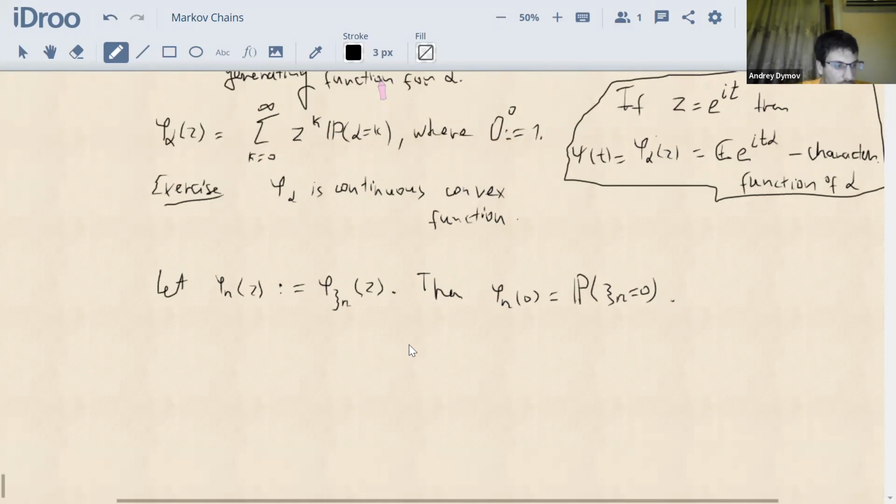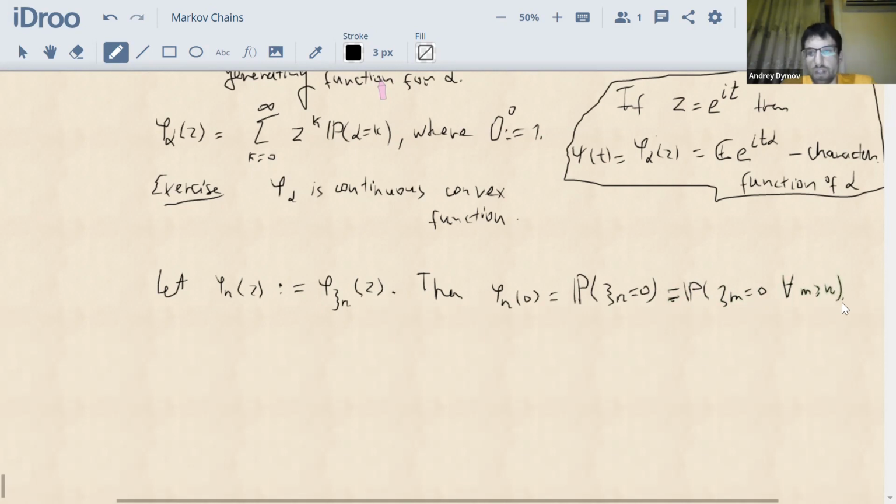Let us consider... okay, let me also note the following thing. I can rewrite this probability as the probability that psi m equals 0 for any m more than or equal to n.